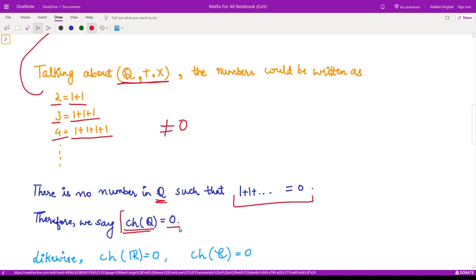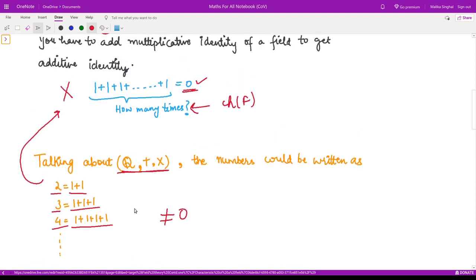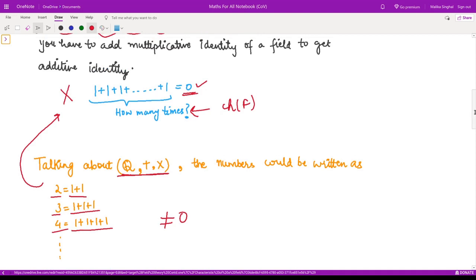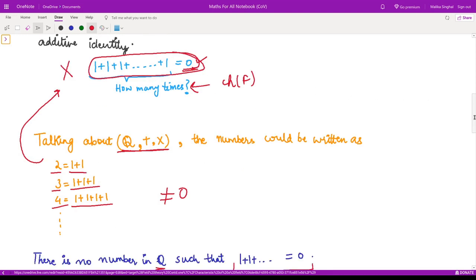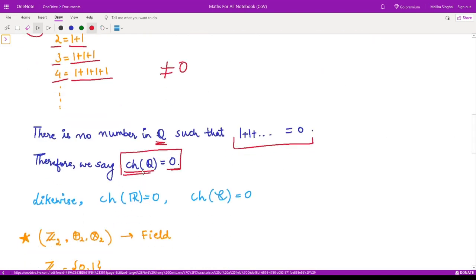So let us see in what case we can obtain this thing. Similarly, we have the case for the field of real numbers and the field of complex numbers. I've already told you the same is the case with the field of real numbers and with the field of complex numbers.